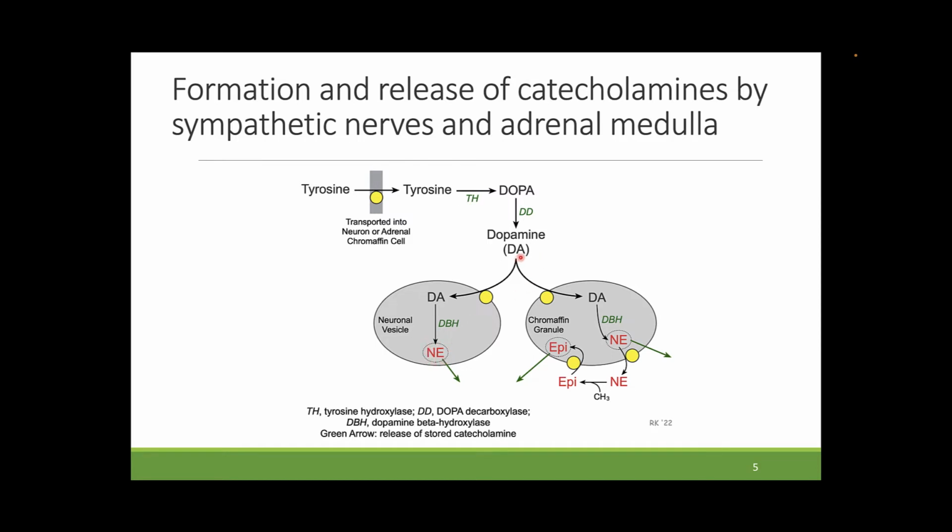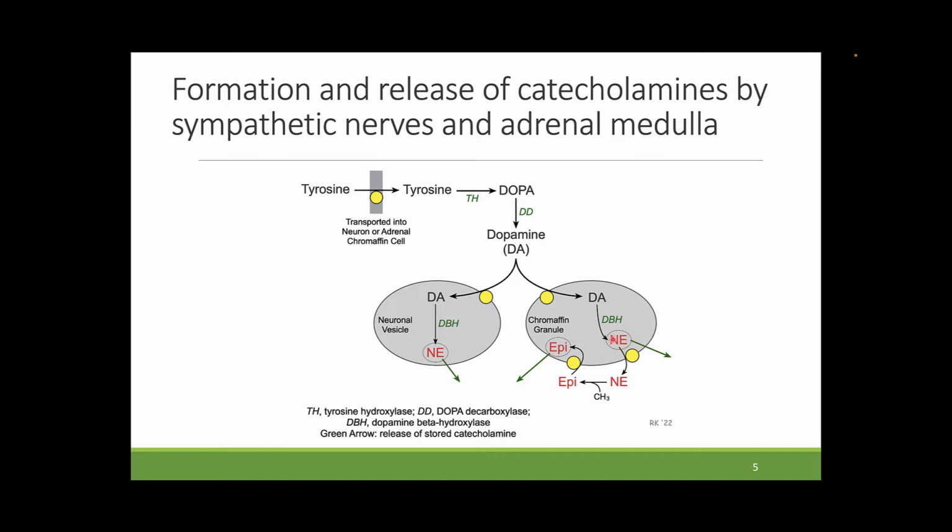And in the adrenal glands, dopamine, like in the neuron, is transported into the chromaffin granule and is also acted upon by dopamine beta hydroxylase to form norepinephrine.